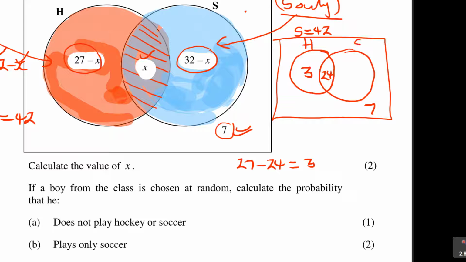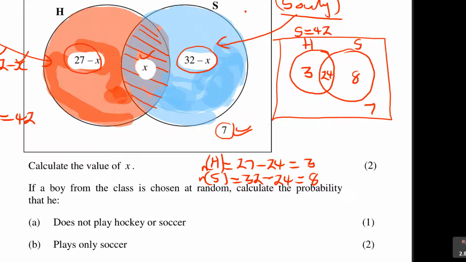What about soccer? This is the number of hockey, and what about the number of those playing soccer? It is 32 minus X, which is minus 24. What is 32 minus 24? I think that is 8. So you've got 8 there.